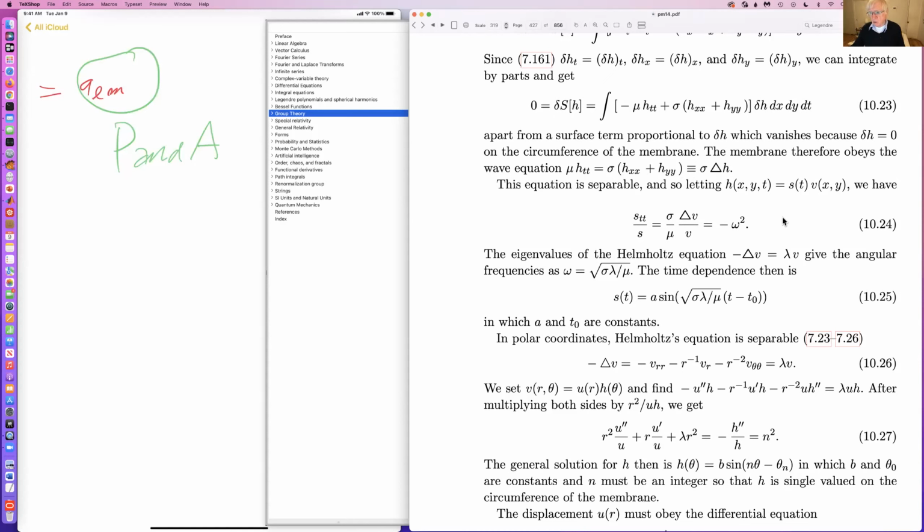And this is a separable equation, so we let h of x, y, and t be s of t times v of x and y. V, I guess, vertical is what I had in mind. And so when we substitute for h, this thing turns into s double dot over s is equal to sigma over mu, Laplacian of v divided by v. This is a function of t, this is a function of x, y.